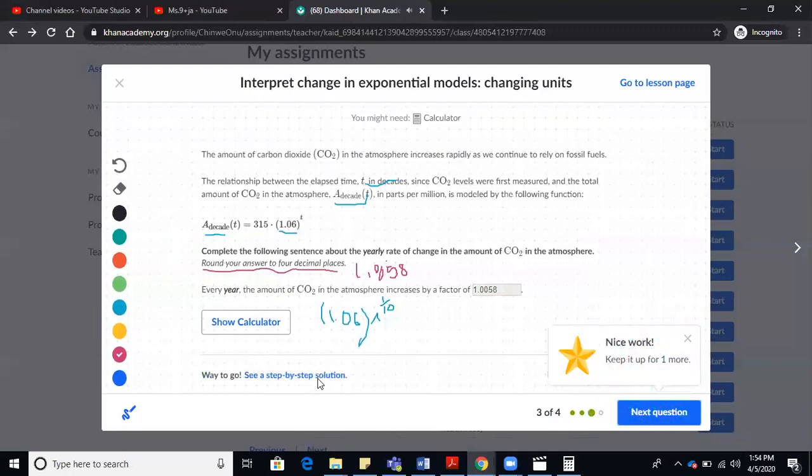And here you can see the step-by-step solution that they will give. If you don't have a calculator or your calculator app is not working, you can always click right here. You have to click the marker now.